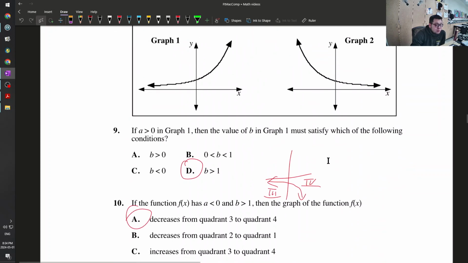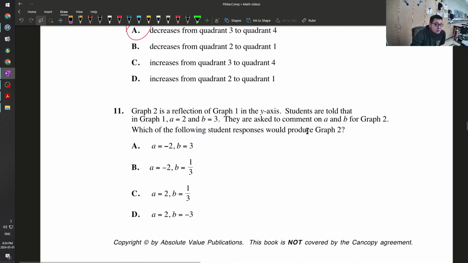Graph 2 is a reflection of graph 1 in the y-axis, correct? Students are told that in graph 1, a is equal to 2, so y is equal to a times b to the power of x, so y is equal to 2 times 3 to the power of x. They're asked to find a and b for graph 2, which of the responses would provide graph 2.